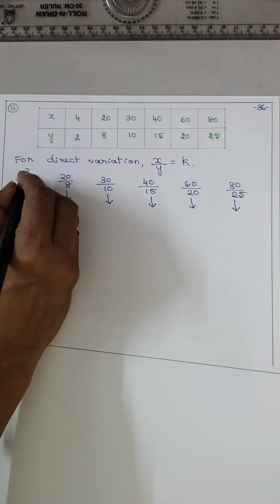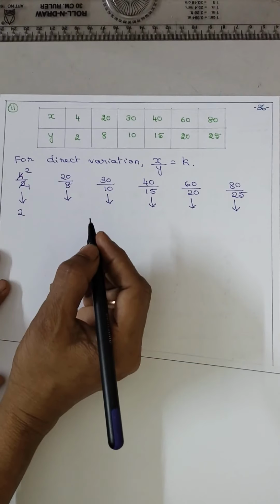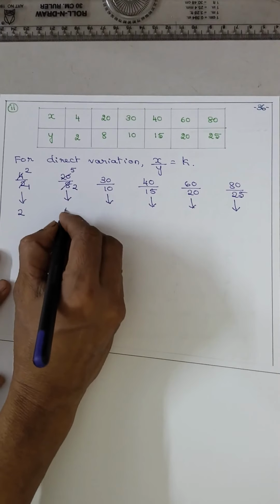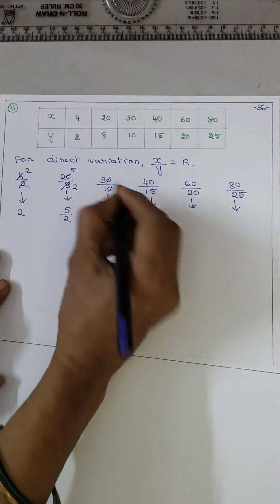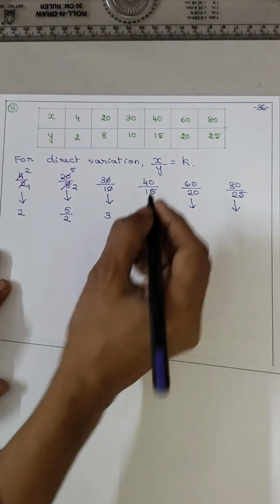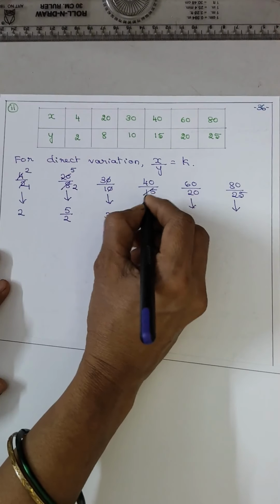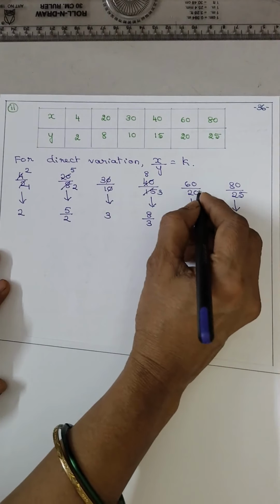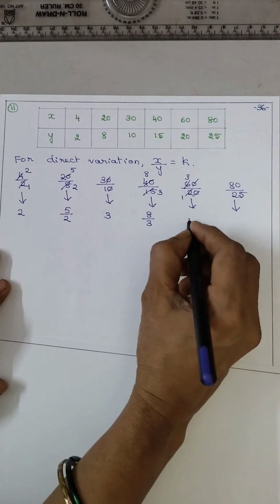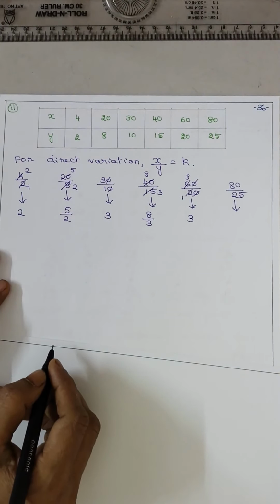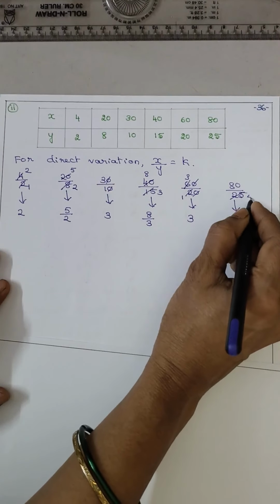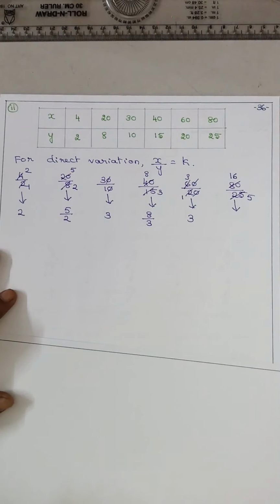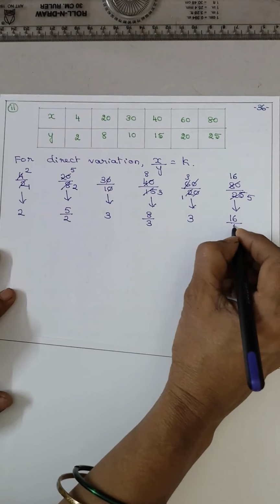4 by 2 gives 2 by 1, that is 2. 20 by 8 gives 5 by 2. 30 by 10 is 3 by 1, that is 3. 40 by 15 gives 8 by 3. 60 by 20 is 3 by 1, 3. 80 by 25 gives 16 by 5.